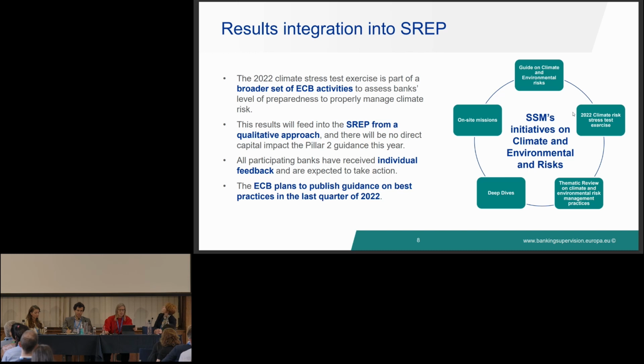So what are we doing with this? And here I want to take one step back, because this climate stress test is only one part of all the work we're doing on the supervisory side. In December 2020, we published our supervisory expectations. In 2021, we asked banks to do a self-assessment. Where do you stand towards these supervisory expectations we published?